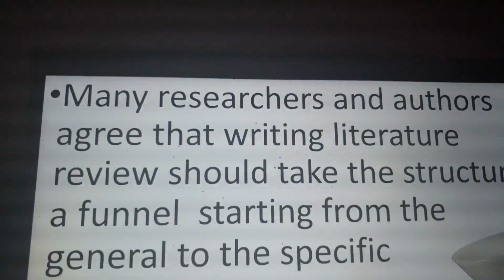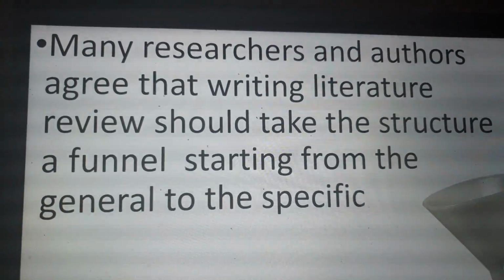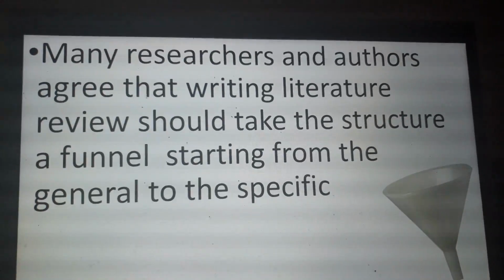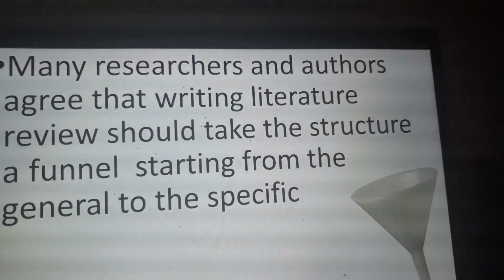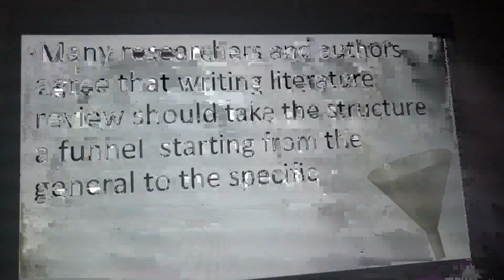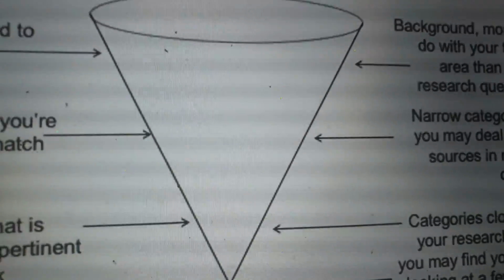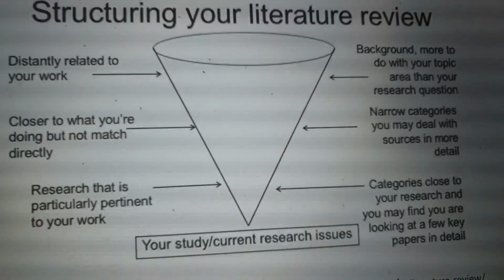Now, many researchers and authors agree that writing literature review should take the structure of a funnel, starting from the general to the specific. That is a funnel, isn't it? This is a funnel.